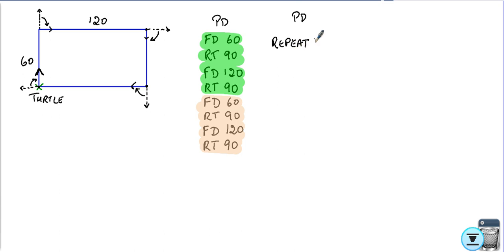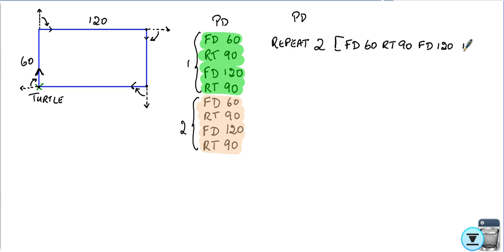Repeat how many times? This is repeated for 2 times. So repeat twice: forward 60, right 90, forward 120, and right 90.